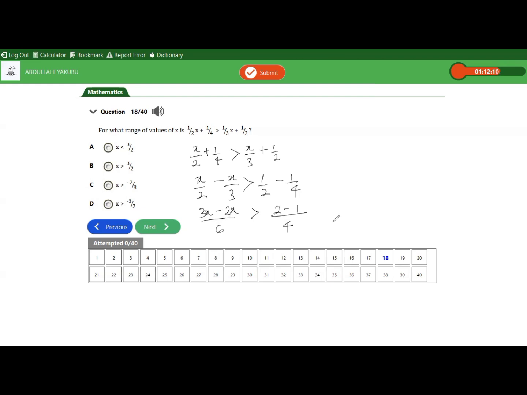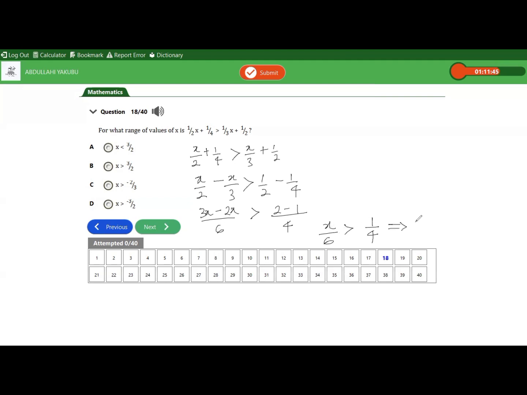So this, we have 3x minus 2x gives us x, that is 1x, all over 6 greater than 2 minus 1 gives us 1 all over 4. Is that clear? So from the options, you can see that x is made subject of the formula. So let's cross multiply.